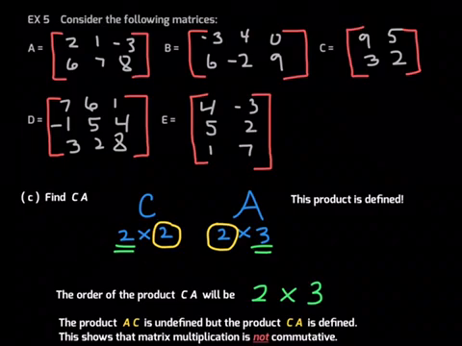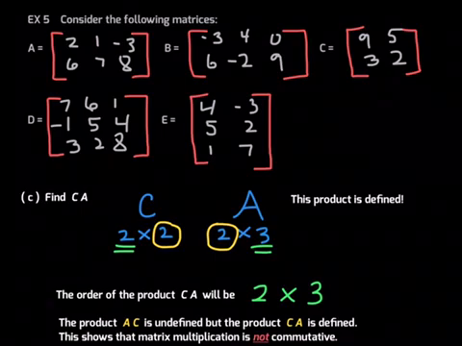In other words, A times C is not the same thing as C times A. Multiplication of real numbers is commutative. In other words, 3 times 5 is the same thing as 5 times 3. 2 times 7 is the same thing as 7 times 2, right? But when it comes to matrices, matrix multiplication is not commutative. The order in which you multiply matters.